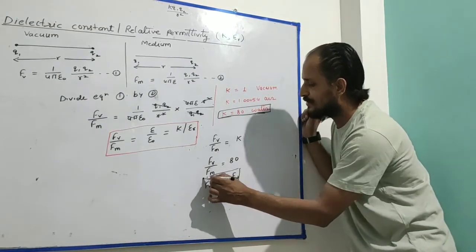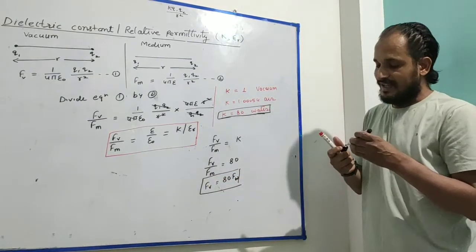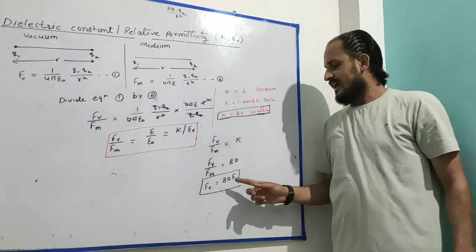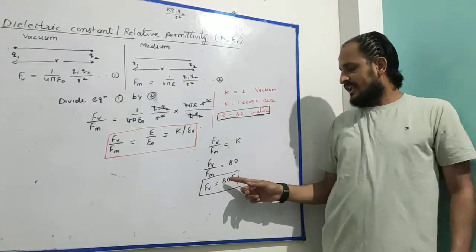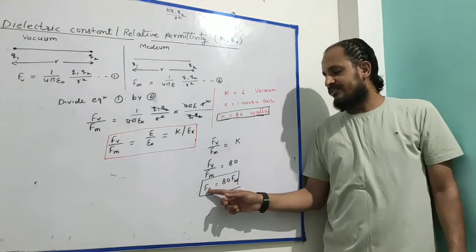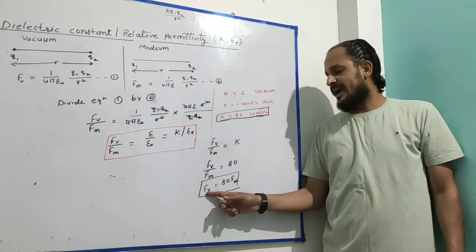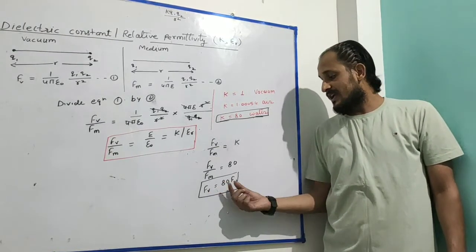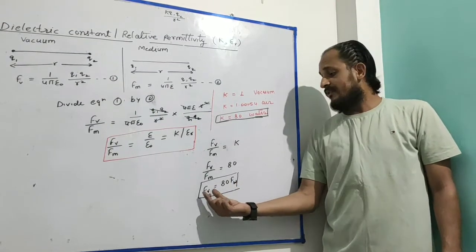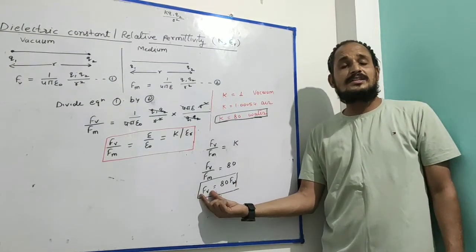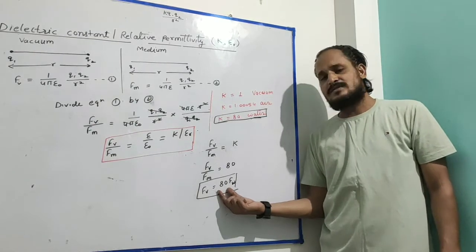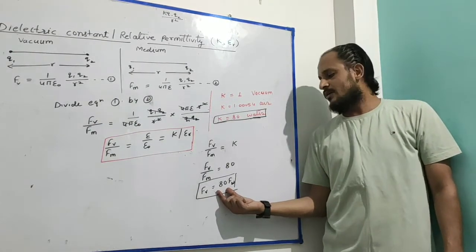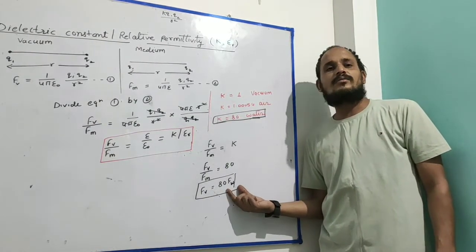What information can you get? You can get this information that if two charges are kept in vacuum having some magnitude as well as certain distance, and in water, in vacuum the force acting between these two charges is 80 times more as compared to the force acting in water.